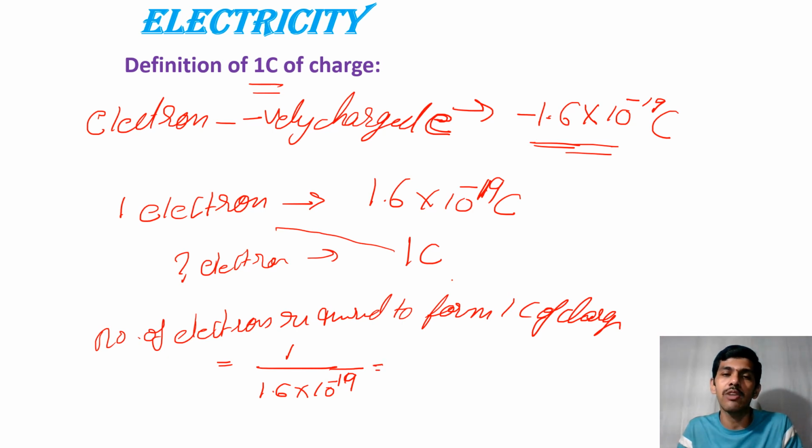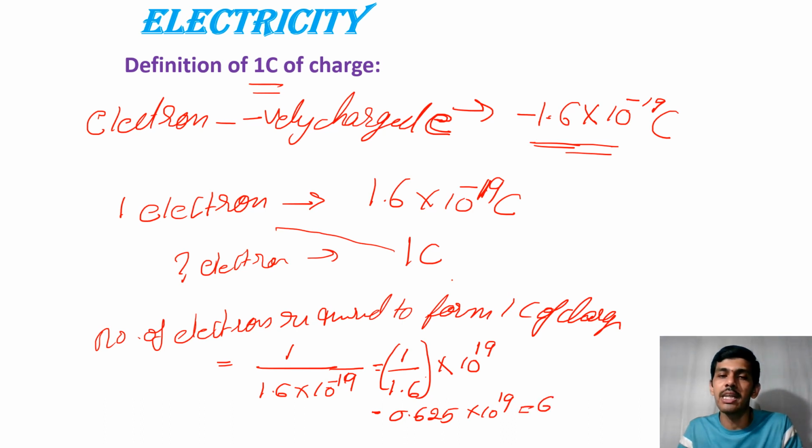If I simplify this, it will be 1 by 1.6 whole into, when this 10 to the power minus 19 goes to the numerator, it becomes 10 to the power plus 19. So what is the value of 1 by 1.6? That is nothing but 0.625 into 10 to the power 19. But in order to represent it as 6.25, when we take the decimal point one place towards the right, it becomes 6.25 into 10 to the power of 18.